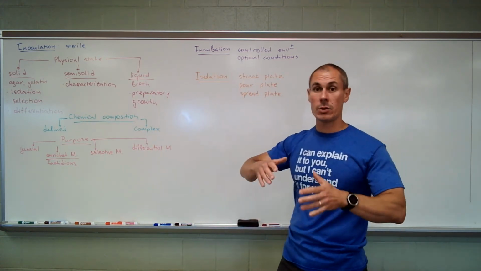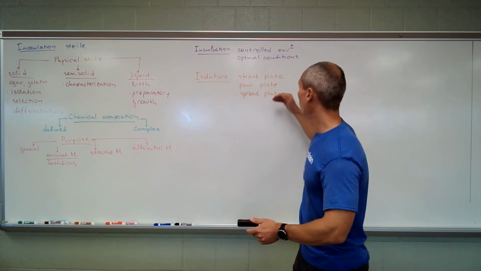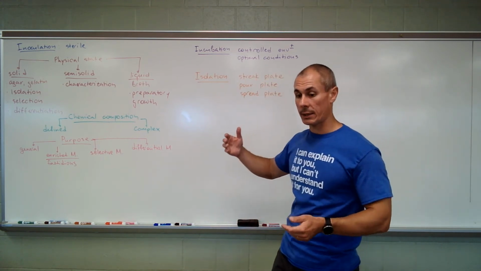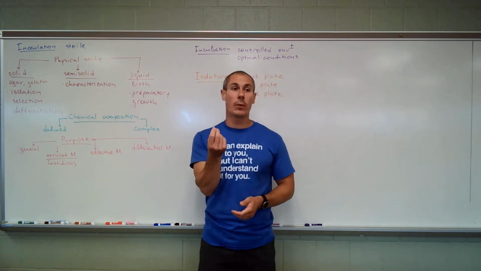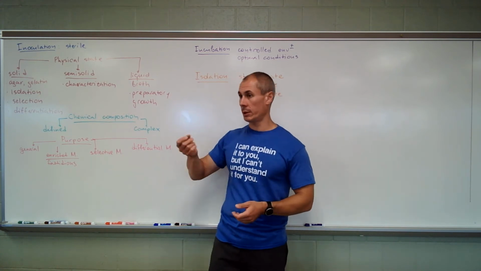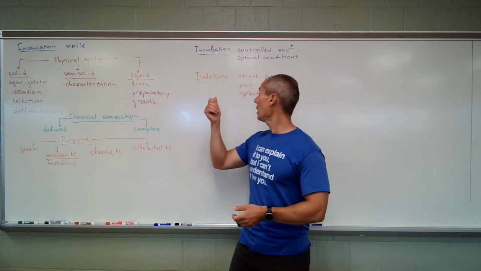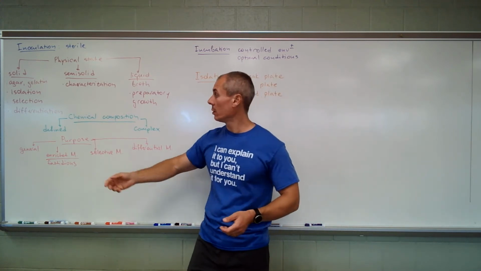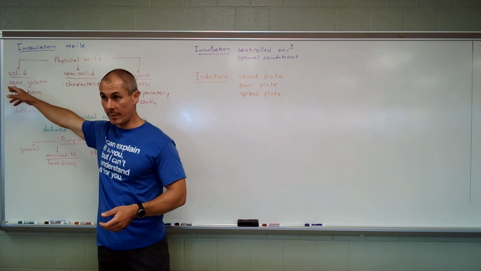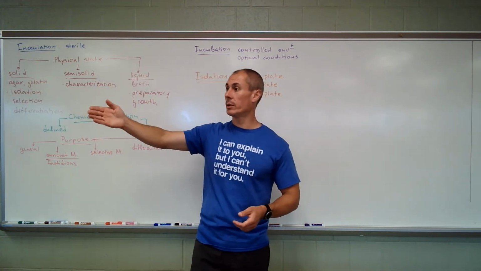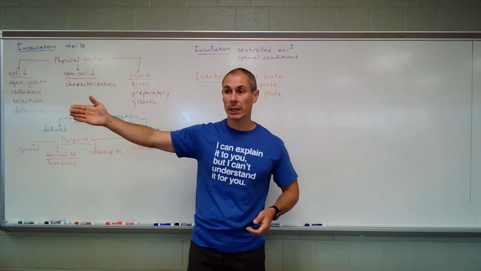Streak plate is the go-to technique. Pour plate and spread plate. So what is that? You take a sample of your culture, whether it's a liquid culture, you can take a colony. In the case of pour plate, you put it in the liquid agar. That makes sense? And then you make serial dilutions using the liquid agar.